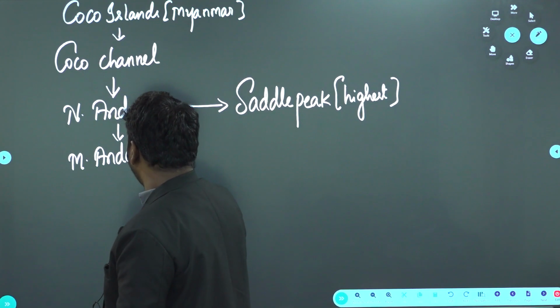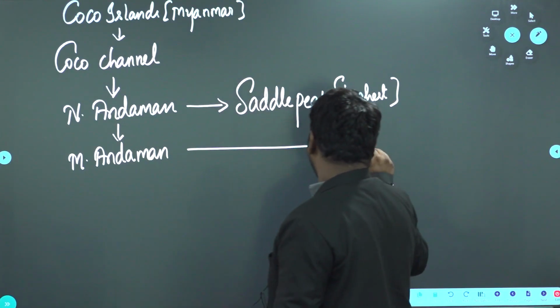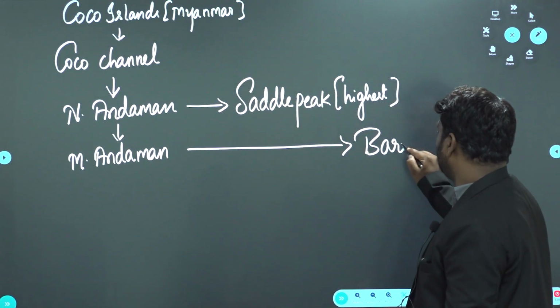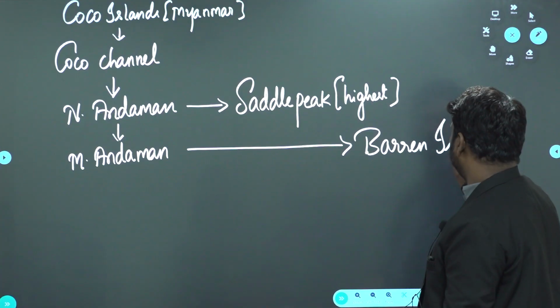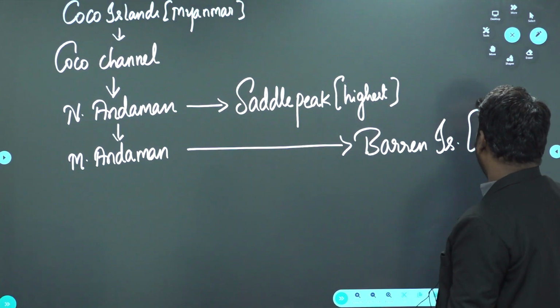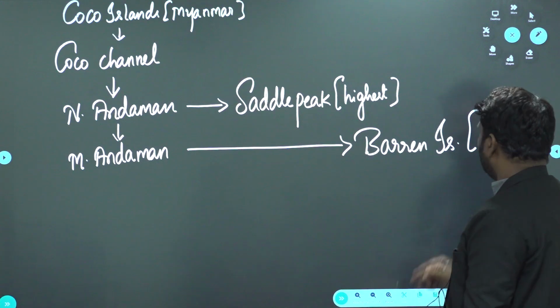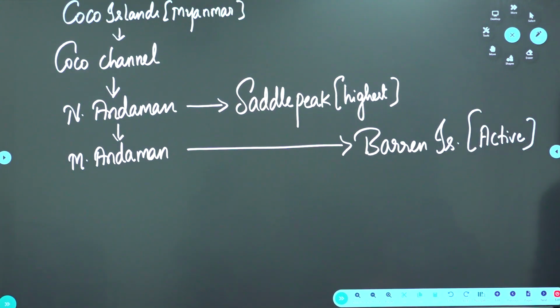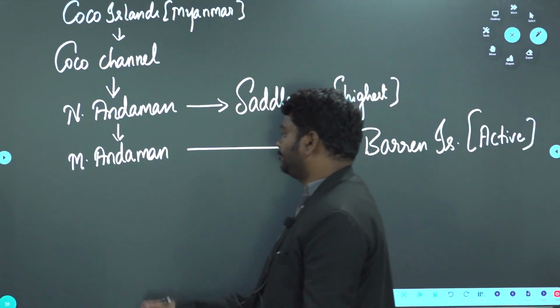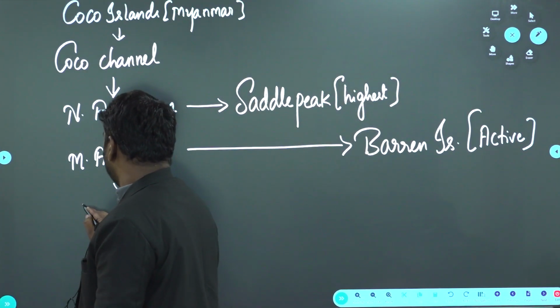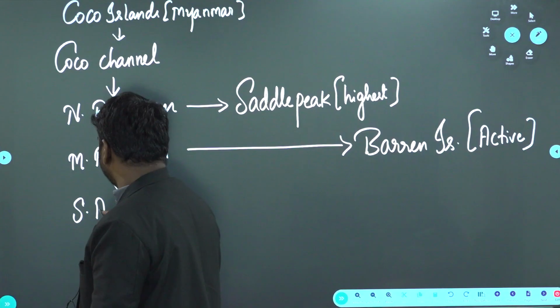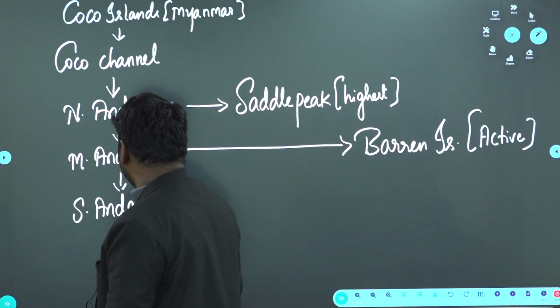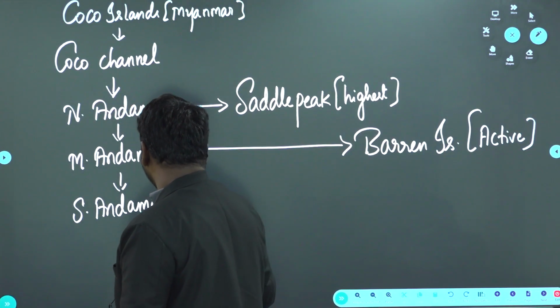Middle Andaman, if you take, not associated with Middle Andaman, but on the easternmost side, there is an active volcano that erupted in 2018. Then Middle Andaman. South Andaman itself, you have the capital.